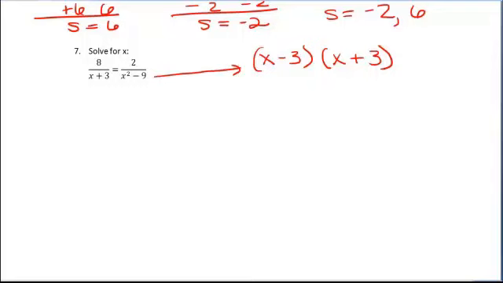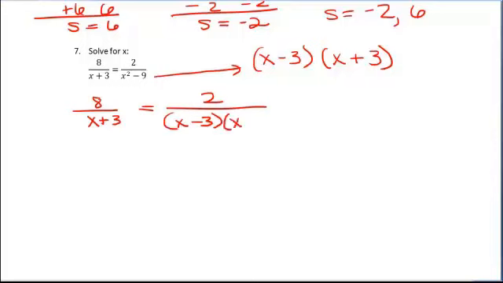So now I have 8 divided by the quantity of x plus 3 equals 2 over the quantity of x minus 3 times the quantity of x plus 3. So now I want to get rid of my denominators, so I'm going to multiply both sides by x minus 3 times the quantity of x plus 3.